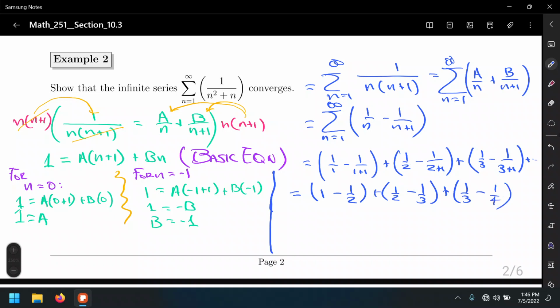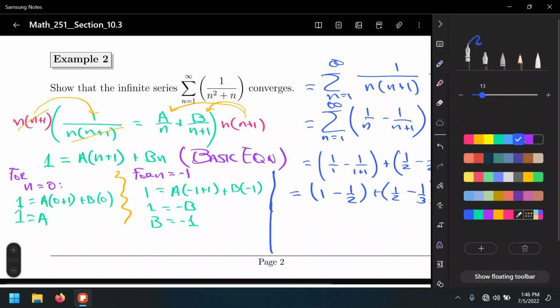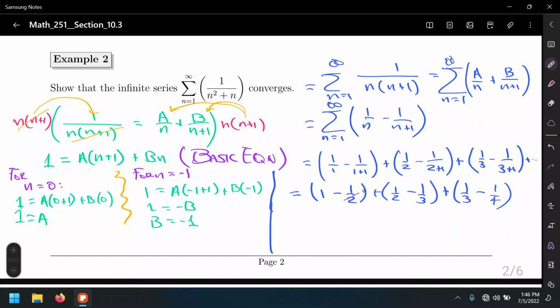Do you see what's going on here? Cancel the 1/2, cancel the 1/3, cancel the 1/4, cancel the 1/5, et cetera. Is there any number that survives the telescope here? That's the infinite sum.